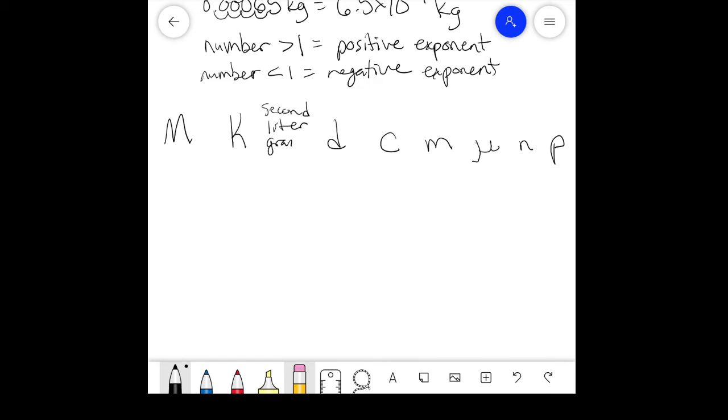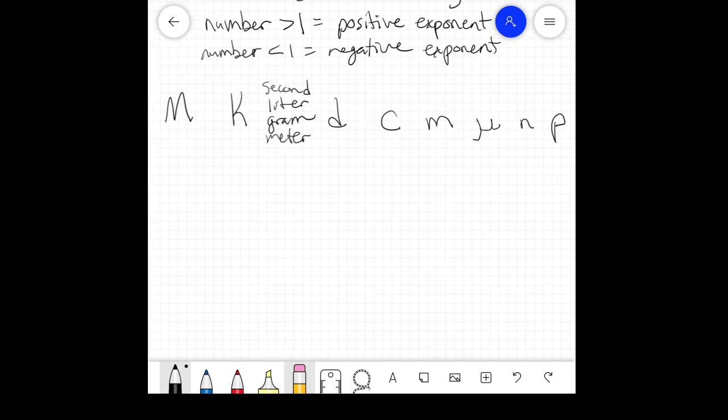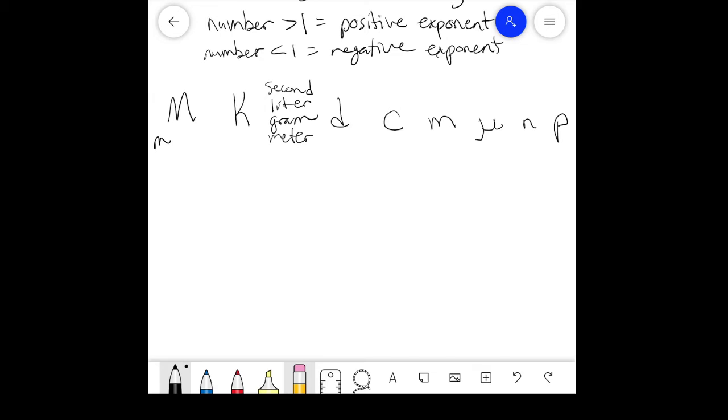What I'm writing right now, this is what you put the prefix onto. So this capital M stands for mega, and that would be 10 to the 6th. K stands for kilo, 10 to the 3rd. This is the base, and it's just 10 to the 0, which would be 1. The lowercase d is deci, which is 10 to the -1.